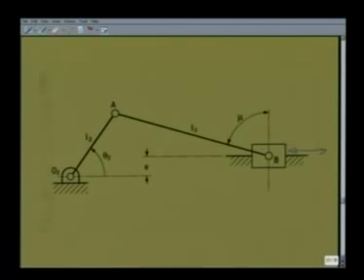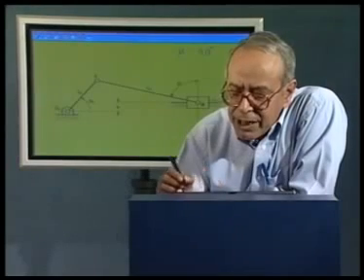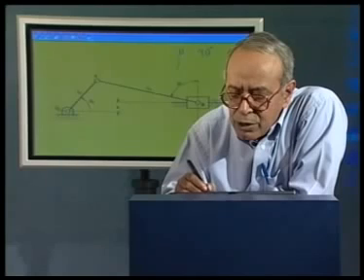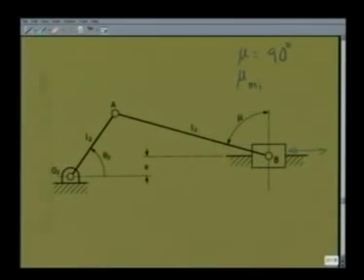Consequently, we define the transmission angle as mu, that is the angle between the connecting rod and a direction perpendicular to the line of movement. The most desired value of mu is 90 degree, but to ensure smooth free running of the mechanism, mu min, minimum value of mu, should not fall below say around 30 degree.